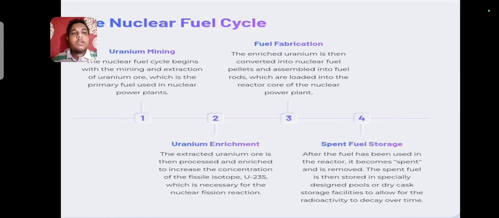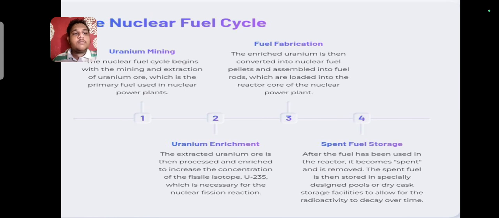The extracted uranium ore is then processed and enriched to increase the concentration of the fissile isotope U-235, which is necessary for the nuclear fission reaction. Fuel fabrication. The enriched uranium is then converted into nuclear fuel pellets and assembled into fuel rods, which are loaded into the reactor core of the nuclear power plant.